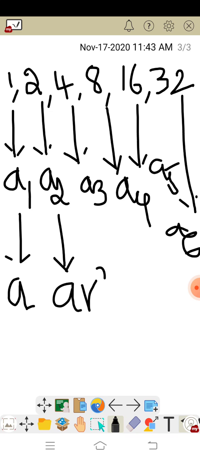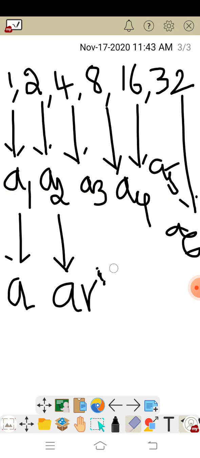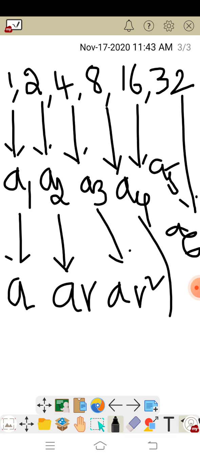Sorry, the second term is AR, not AR square. Then the third term is AR square. Then the fourth term is AR cube. So if the first term is A, second term is AR, third term is AR square, fourth term is AR cube. So if you are finding the fourth term, the power of R is 1 less than that.